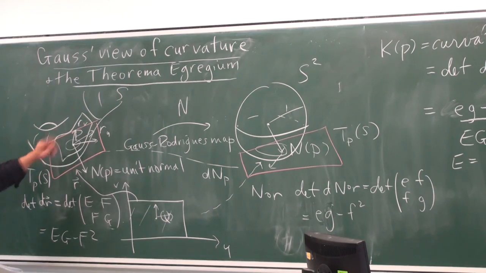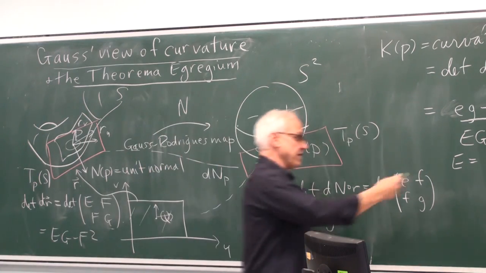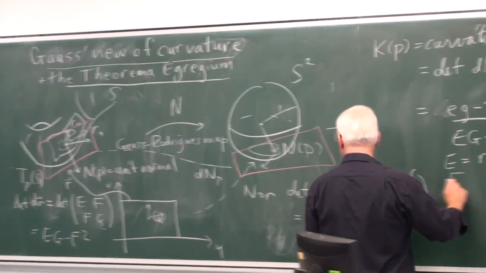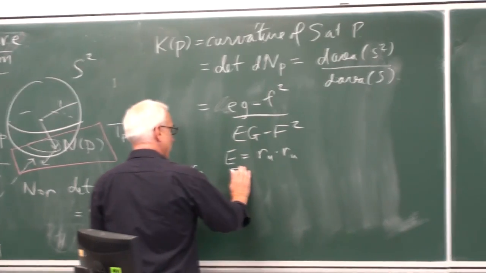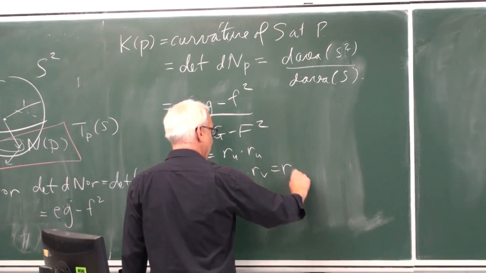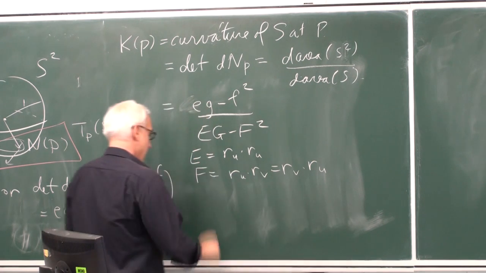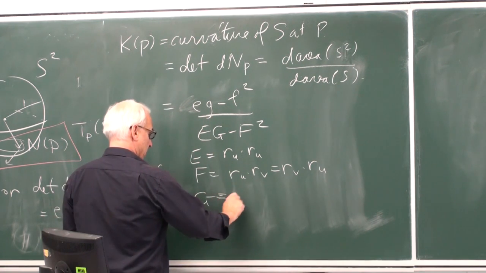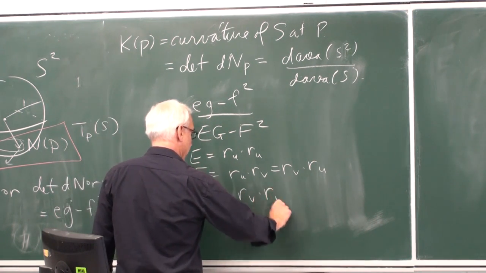And then we're taking the dot product of RU with RU, that's E, and F is RU dot RV, just the same as RV dot RU, and G equals RV dot RV.